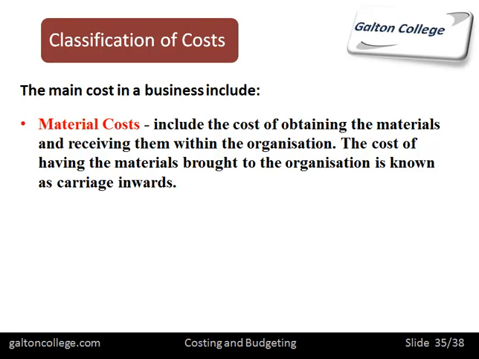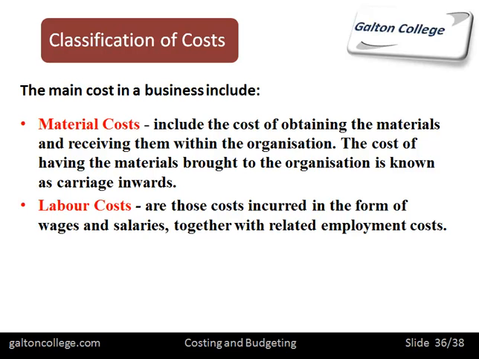So organizations may have to buy in raw materials, buy in components, and they have to be shipped in, they have to be brought in. So there's not just the cost of buying the products from perhaps a supplier, but also moving the products from the supplier to the business, which is known as carriage inwards.